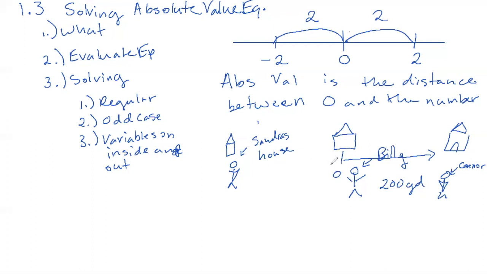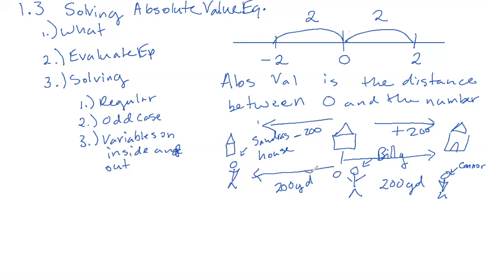If he wants to go to Sandra's house, he has to walk backwards. But Sandra's house is also 200 yards away. So what you could think about it is this: he's walking forward to go to Connor's house. So it's like plus 200 feet, 200 steps or something like that. And since he's walking backward to Sandra's house, that's like minus 200 steps. Okay. Once again, not a perfect example, but you get the idea. We're going backwards to get to Sandra's house. We're going forward to get to Connor's house. Okay.